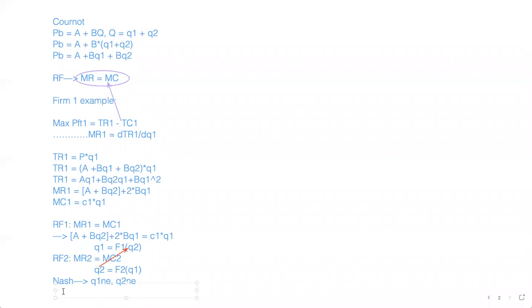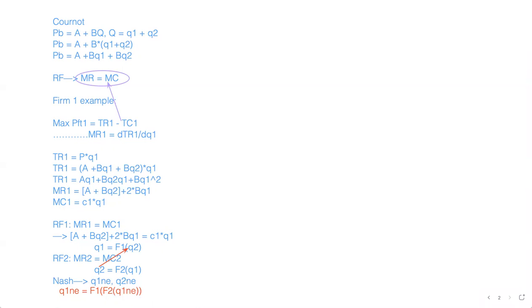So I'll have Q1 NE equals F1, and so if I substitute in for Q2, I'll end up with F2, Q1 NE. Okay.